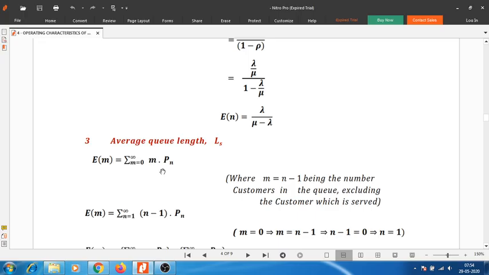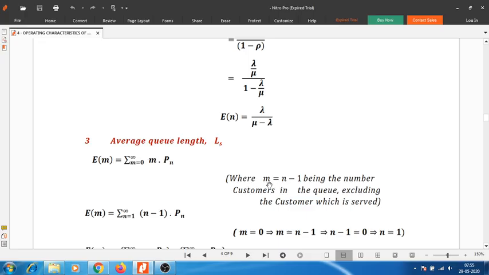Because suppose the queue size is n. Suppose in the system there are n customers, right? One customer is already availing service. So how many customers exist in the queue? n minus 1. That n minus 1 we denoted by m.